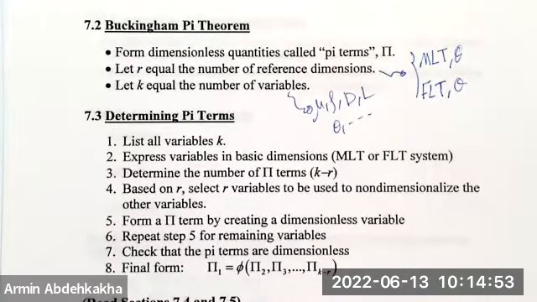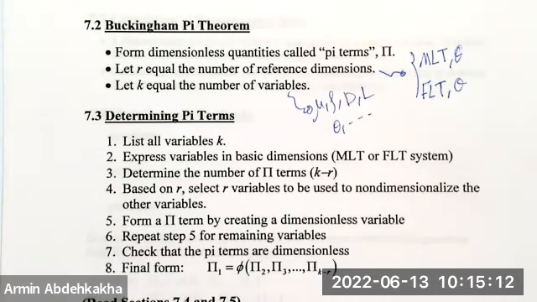You will list all your variables, okay? And then you have the two systems, MLT and FLT, as reference dimensions, right? So you have to express all your variables in terms of MLT or FLT, right?